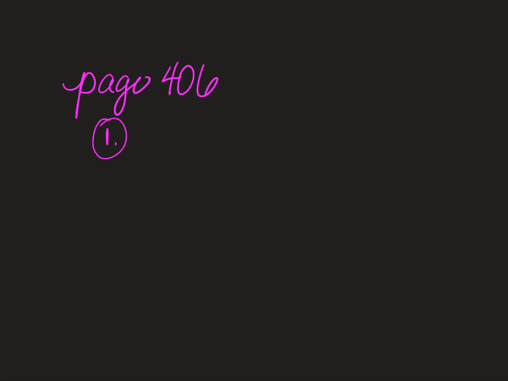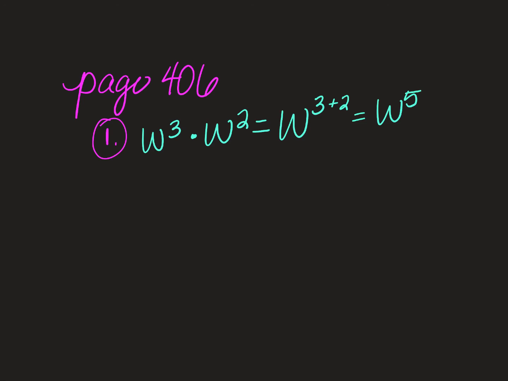Number 1 is W to the 3rd power times W to the 2nd power. And what is your answer? W to the 5th, which is W to the 3 plus 2, which equals W to the 5th. Write this in your book along with me on page 406. That's number 1.